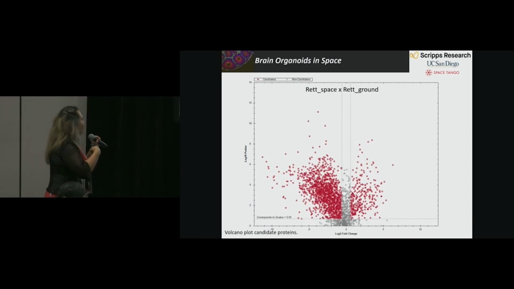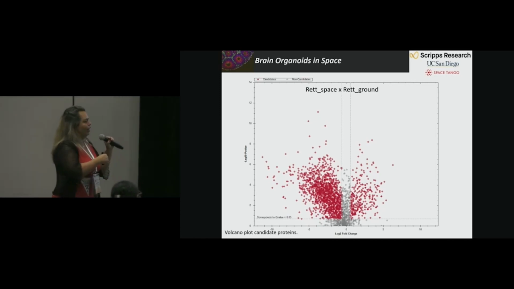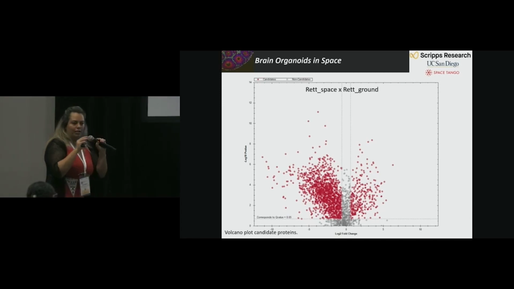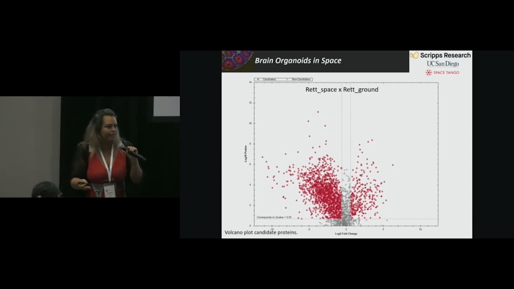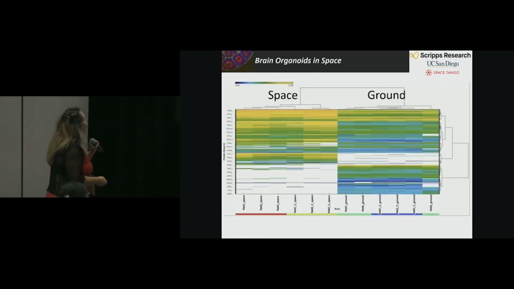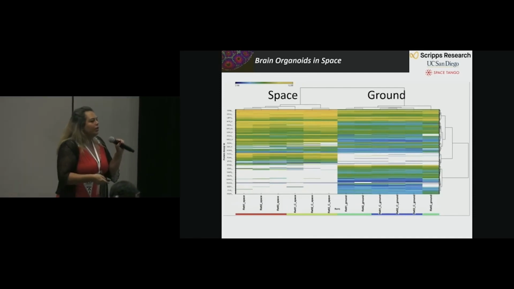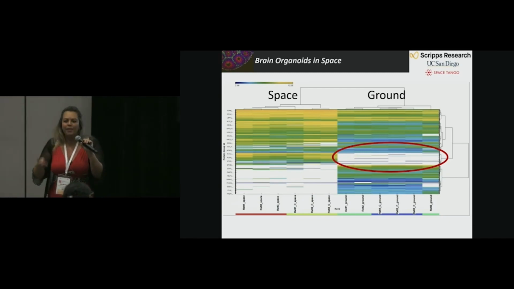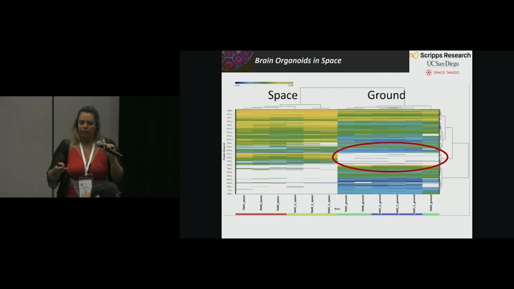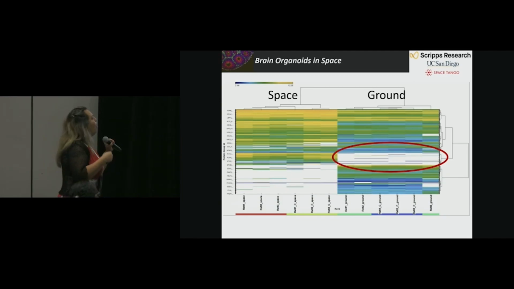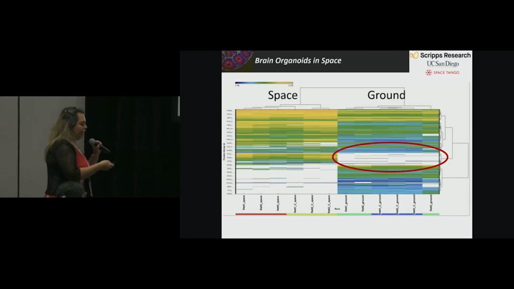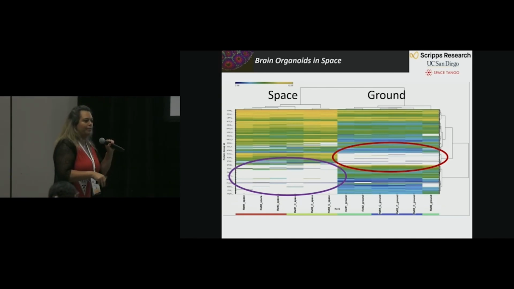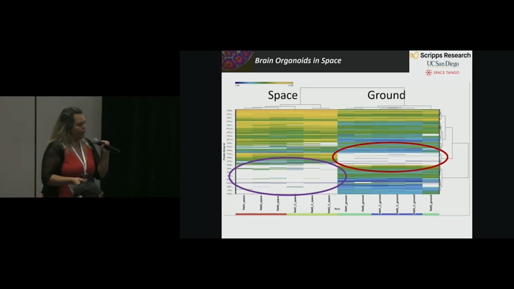We see a huge variety of proteins that are present on these space organoids and are not present on the ground experiment. When we generate the heat map, we even see proteins that were absent or in very low quantity on the ground experiment, and the same, I mean, proteins that were absent in space compared to the ground experiment.